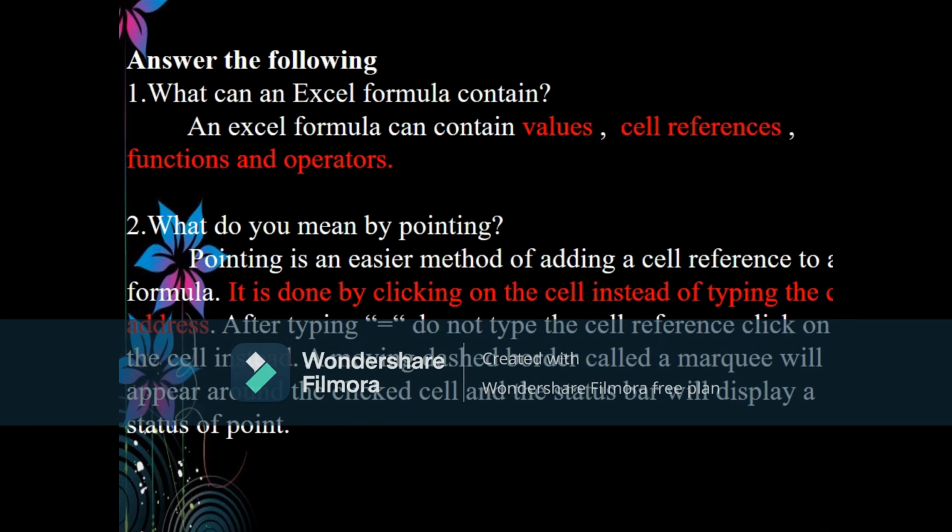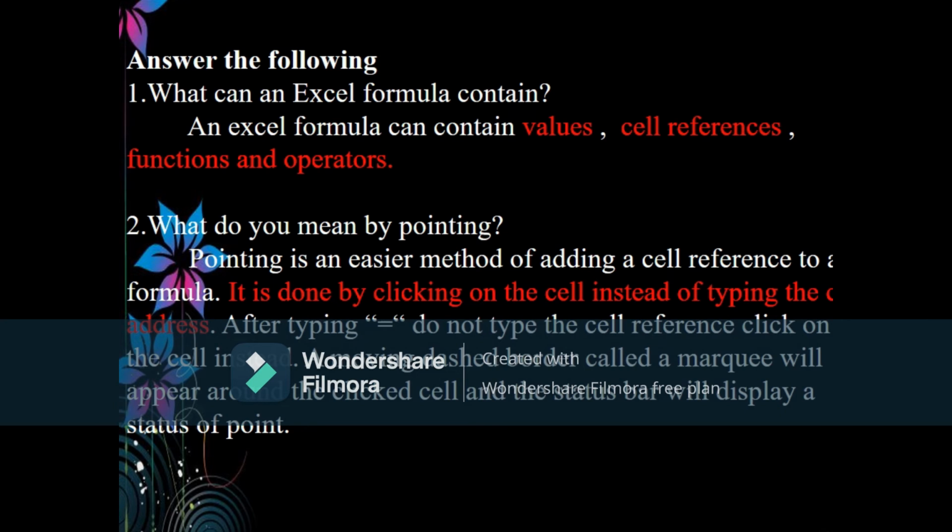What do you mean by pointing? Pointing is an easier method of adding a cell reference to a formula. After typing the equal sign, we used to type the cell reference, but in pointing, instead of typing the cell reference, just click on the cell.